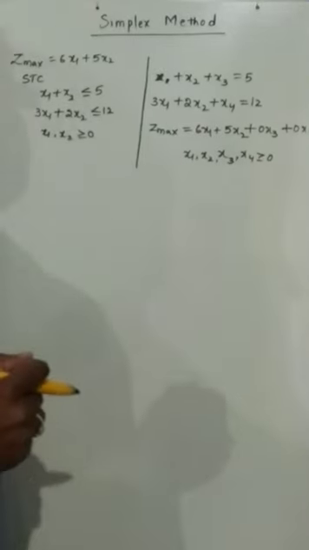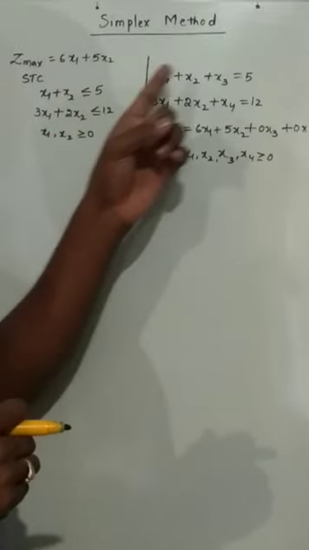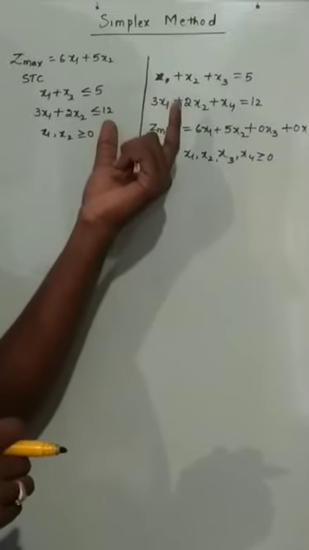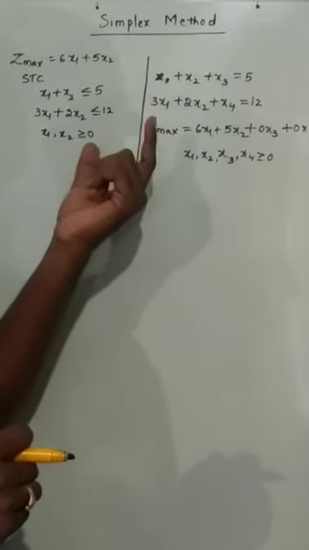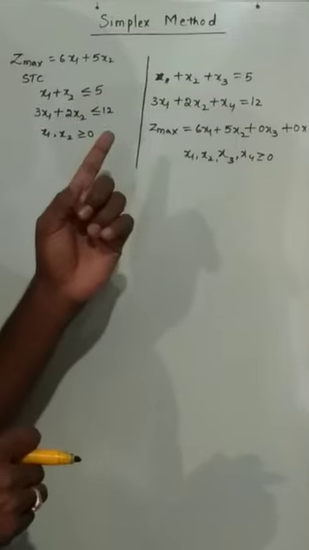So actually you can see that, because the inequality is less than or equal to, what I have done here is I added the slack variable. I think you already know about the slack variable and also the surplus variable. If the inequality is less than or equal to, we add slack variables.